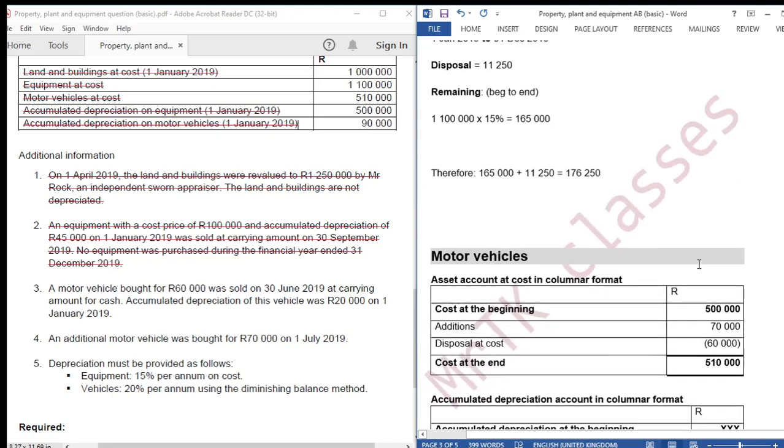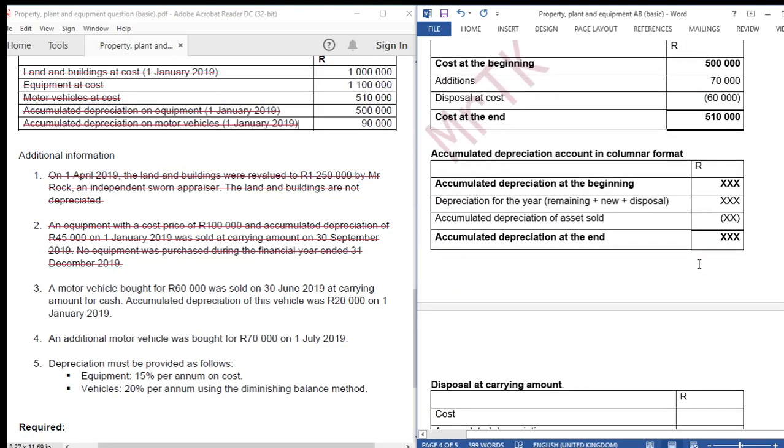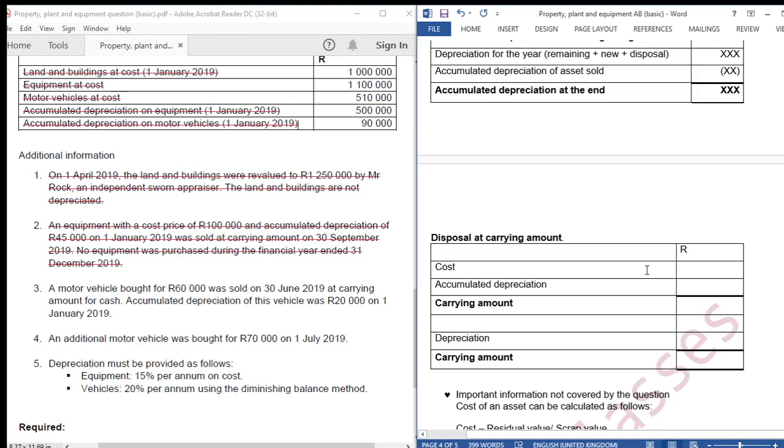All right. We need to calculate the carrying amount of the motor vehicle sold. So the cost here is 60,000. A motor vehicle bought for 60,000 was sold on 30 June 2019 at carrying amount for cash.